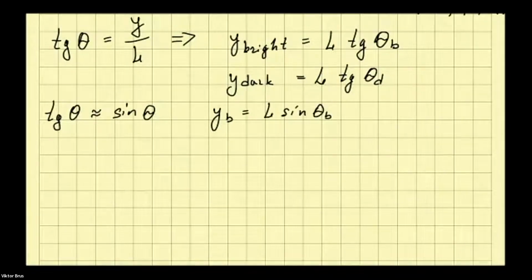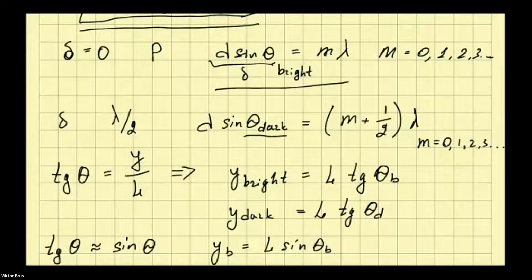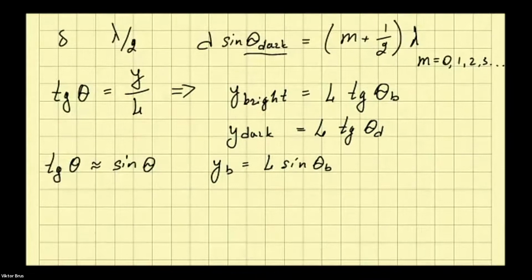And we know that from this relationship for bright angular position, we can express it as L, the distance from the slits to the viewing screen, times m times lambda divided by d, which is the distance between the slits.